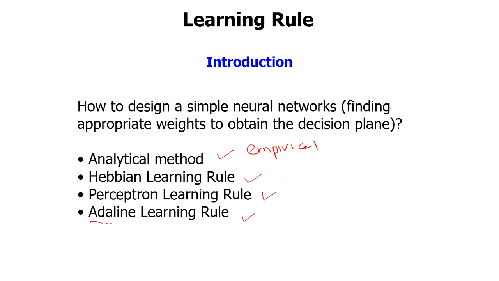The other three methods, the Hebbian, perceptron, and Adaline, will be based on the iterative method. Iterative means that it will converge in every step that you feed the new data set, and it can be repeated if the performance is not satisfactory.